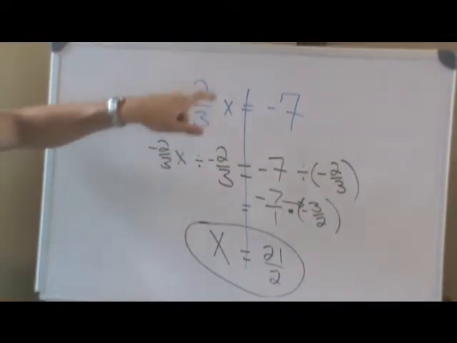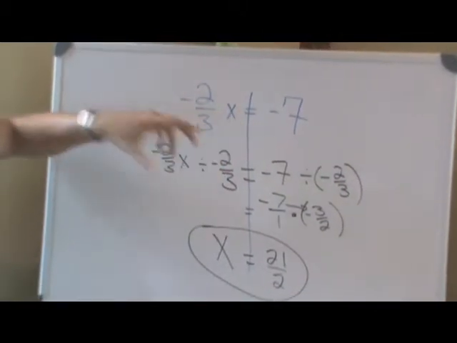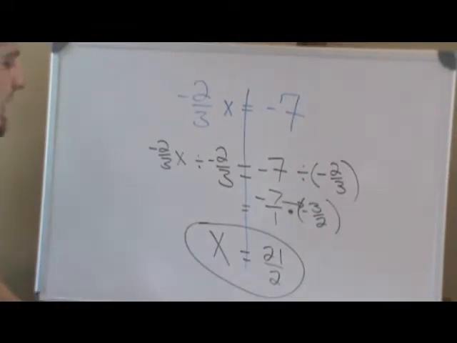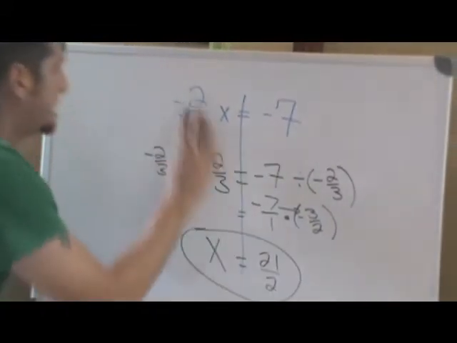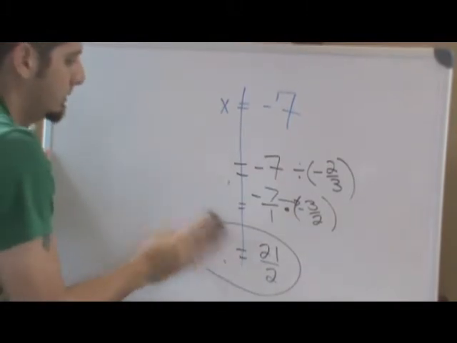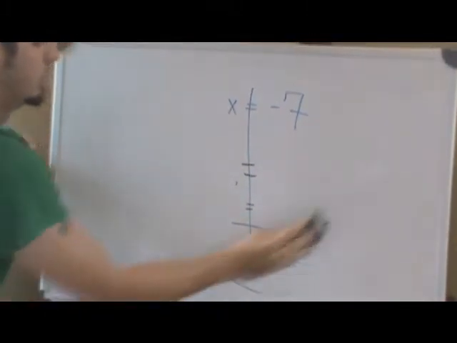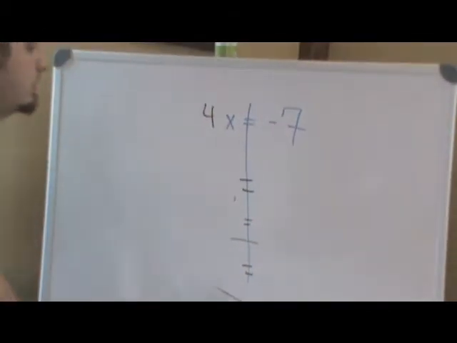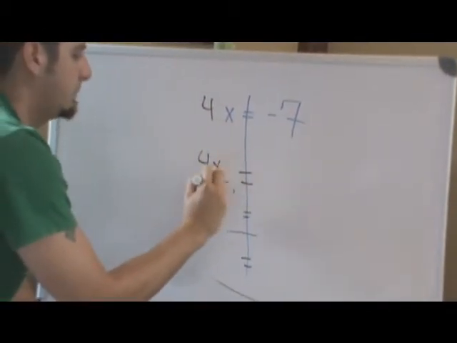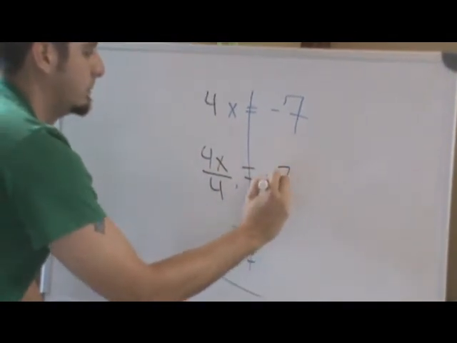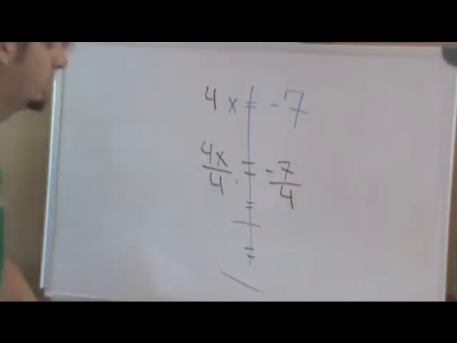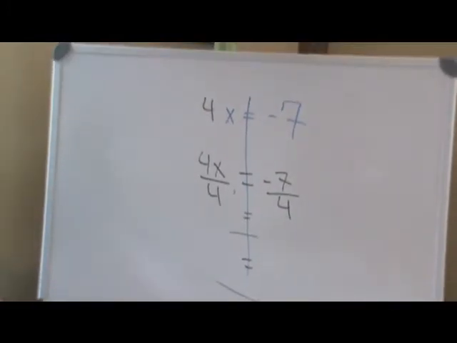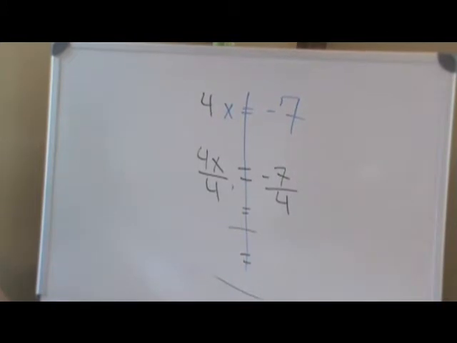I had a fraction being multiplied by a variable, so to get rid of that fraction, I did the opposite and divided by that fraction, just like if I had a regular number there. If I had 4x equals 7, I would divide both sides by 4. The only difference with the fraction was I had a negative 2/3 instead of a 4, so I divided both sides by negative 2/3.